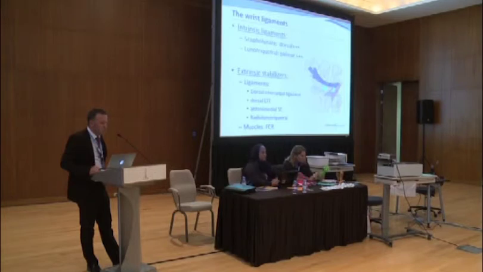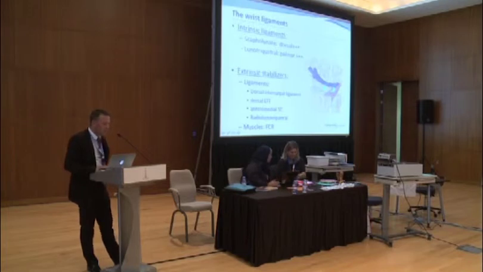So there are two big intrinsic ligaments in the wrist. You have the scapholunate between the scaphoid and the lunatum, and the lunotriquetrum. And there are extrinsic stabilizers, like the dorsal radiocarpal triquetral, the laterocarpal ligament.